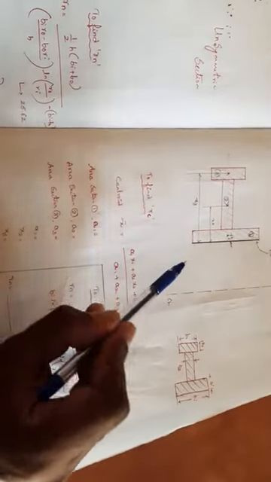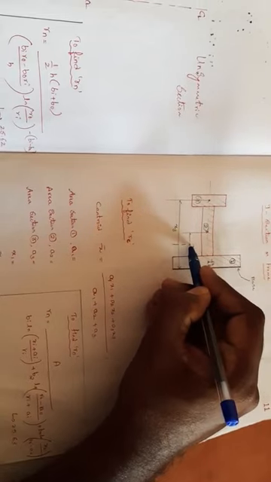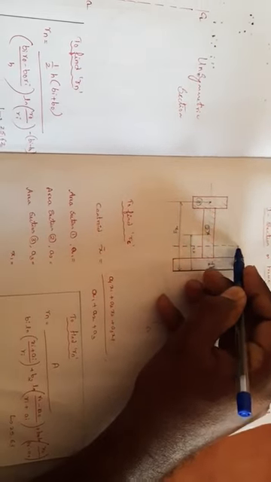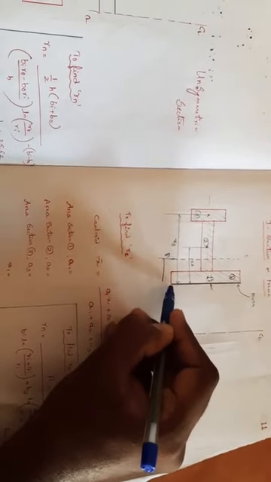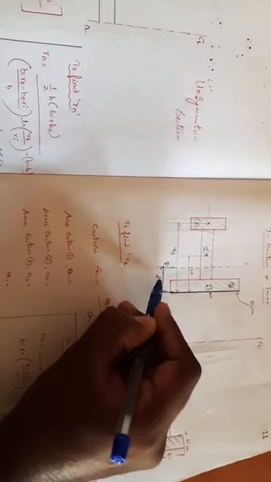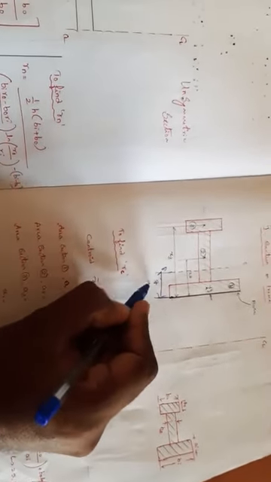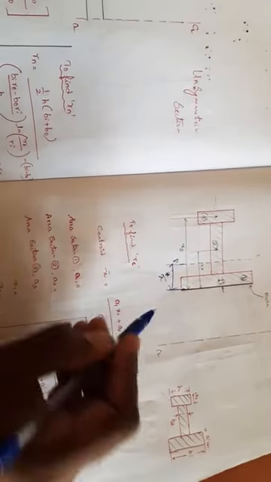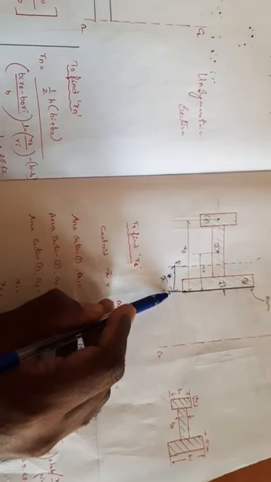So this is the centroidal axis. x bar is the distance from the centroidal axis to the base.